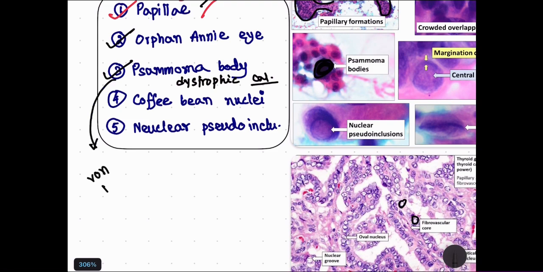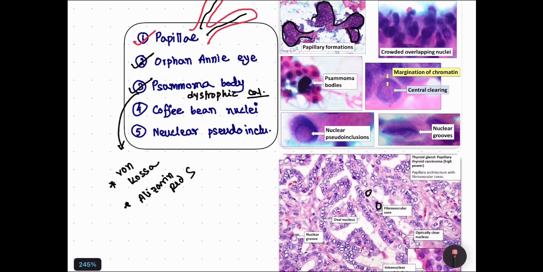Von Kossa, or we stain with alizarin red S. We'll be discussing the various conditions where Psammoma bodies are seen, like papillary thyroid carcinoma, papillary variant of renal cell carcinoma, and serous cystadenocarcinoma, serous tumors of the ovary. We'll be doing that.